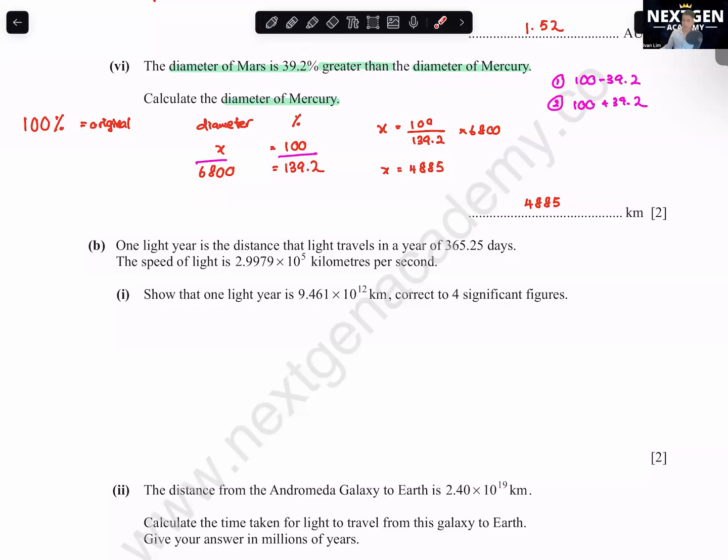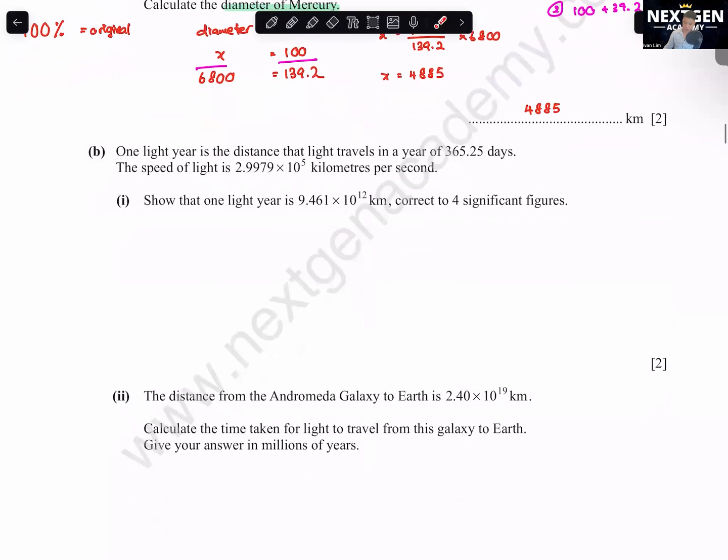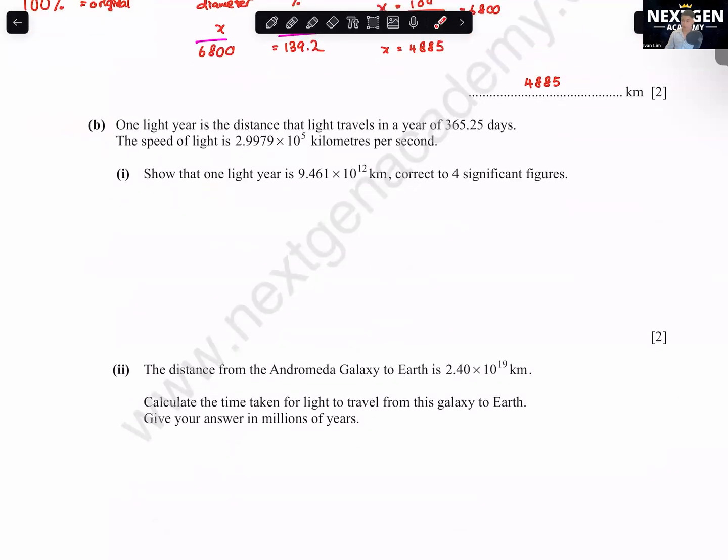All right, let's go to this question B1 and B2. I think in B1 and B2, the units can get a little bit confusing, and the sentence also. Let's say they say 1 light year is the distance that light travels in a year of 365.25 days. Highlight the important points here first.